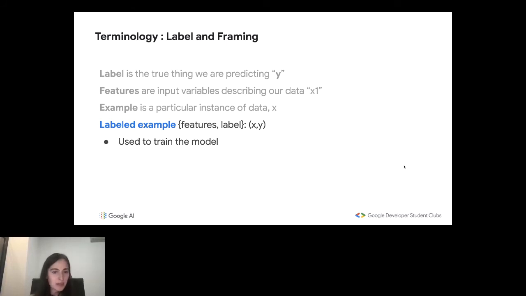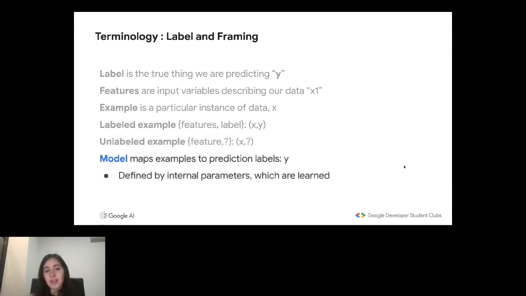And then we've repeated this word many times. What is a model? A model will essentially be an algorithm which is able to match the inputs that we have, which are the features, to the predictions, so to the labels. So it's going to be finding the relationship between input and output. And it's this relationship which we are interested in finding. And how do we do this? What the model is actually learning is some internal parameters.